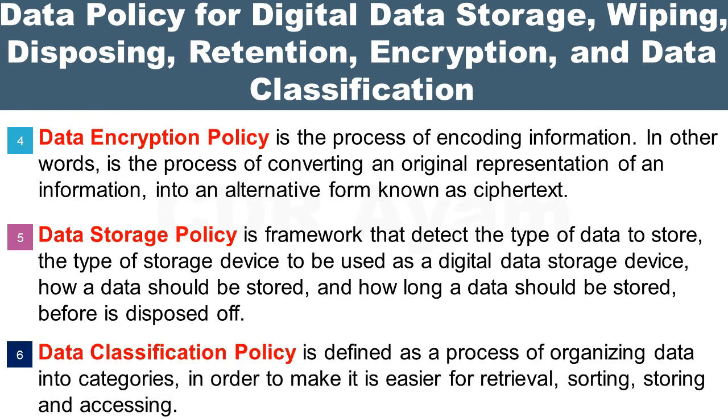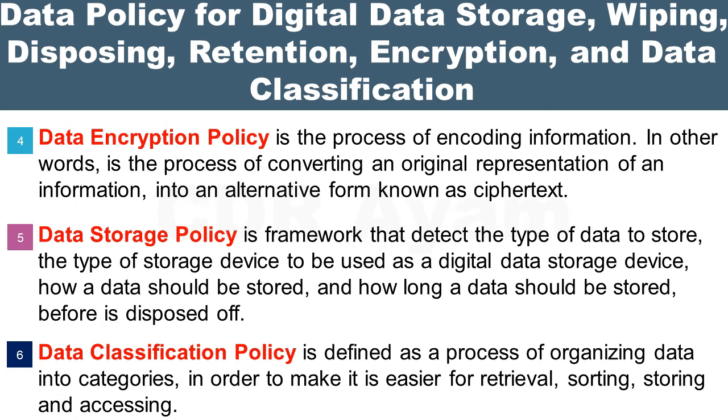Classification of data is the last must-have data management policy in terms of wiping of data, disposing of data, retention of data, storage of data, and encryption of data. A data classification policy contributes greatly to both data protection and data integrity assurance in terms of data accessibility.